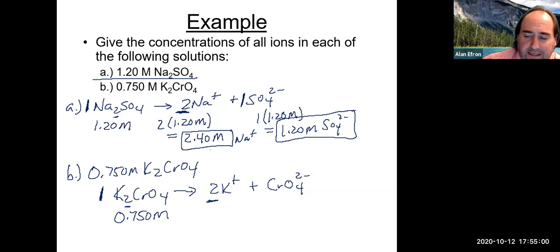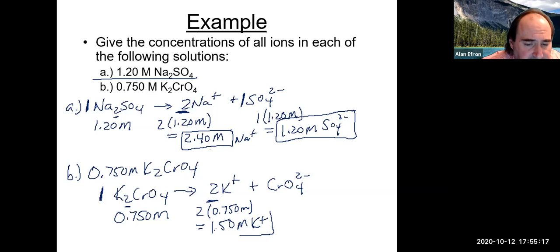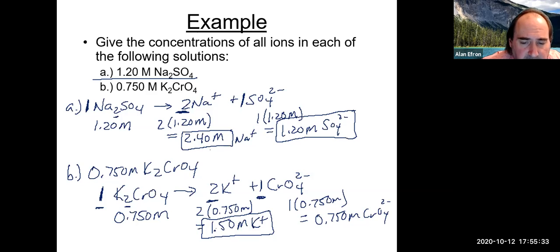So if we were interested in the concentration of just the potassium ions, we would need to multiply it by 2. So 2 times 0.75 molar would give us 1.5 molar potassium ions present. And when we look at the chromate, it is a 1-to-1 relationship here. So again, 1 times 0.75 molar gives us 0.75 molar for the chromate ions.